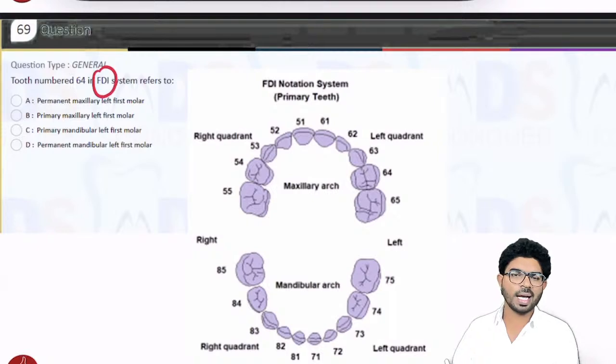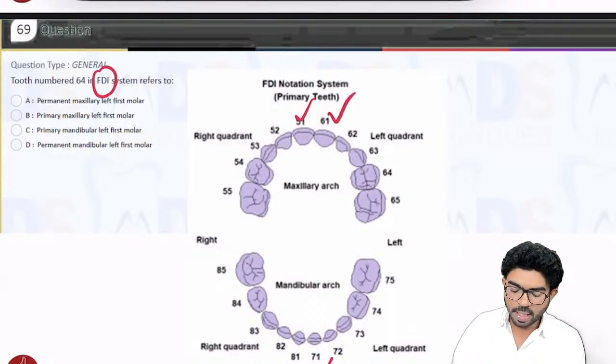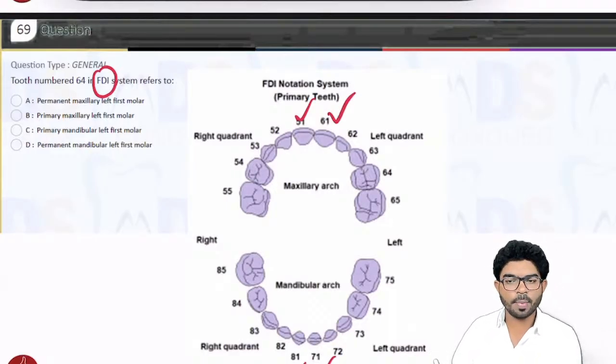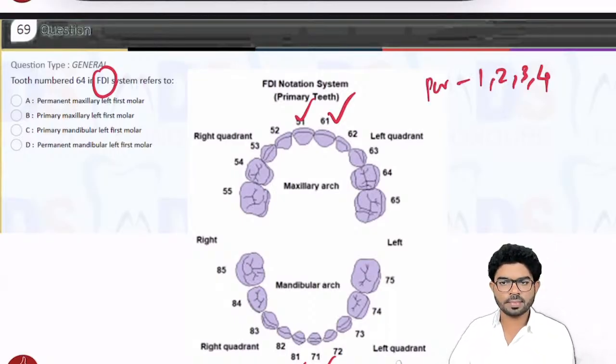Now in the FDI system, they're asking 6-4. The 5th, 6th, 7th and 8th quadrants are primarily for the primary teeth. If it is permanent, it's going to be the 1, 2, 3, 4 quadrants. Like how we call 1-6 the maxillary first molar, 2-6 the maxillary first molar, 3-6 and 4-6 the mandibular first molar. Similarly, 5, 6, 7, 8 are for the primary dentition.